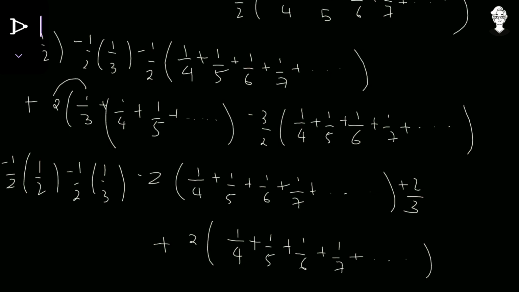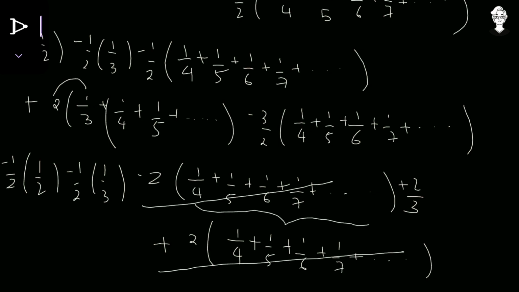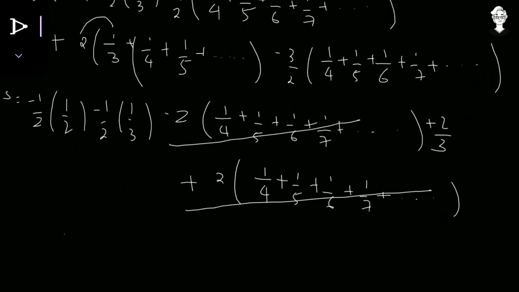So what we can observe is that this whole bracket and that whole bracket got cancelled out, because -2 times the same thing is there, plus 2 times the same thing is present over here, so this and this got cancelled out because of negative and positive. So what is remaining is s is equals to -1 upon 4, -1 upon 6, and +2 upon 3.